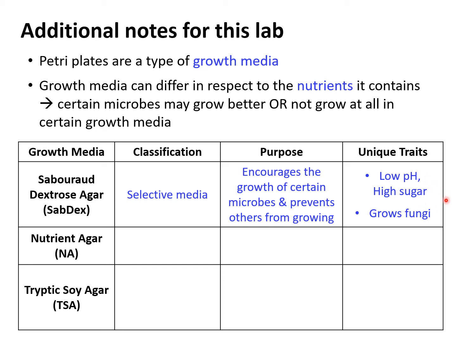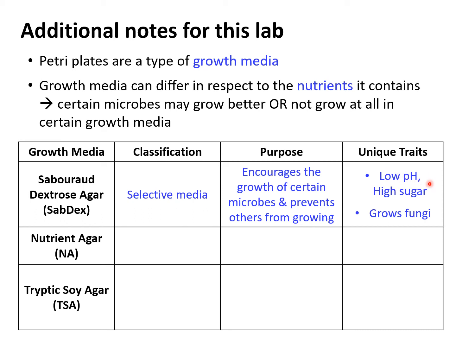It also has pretty high sugar levels. So which microbes actually love such conditions, and therefore the Sabdex is going to encourage their growth? Fungi. Fungi prefer high sugar and low pH environments versus bacteria. A lot of the bacteria out there do not grow very well in a low pH environment.